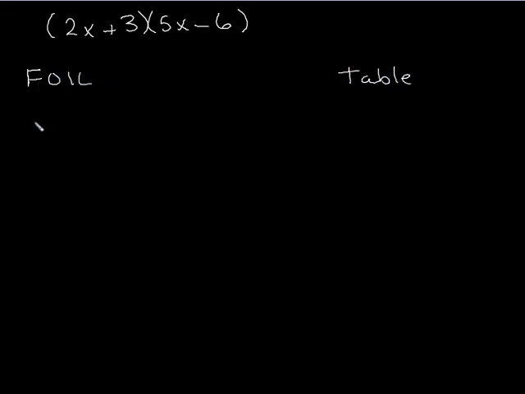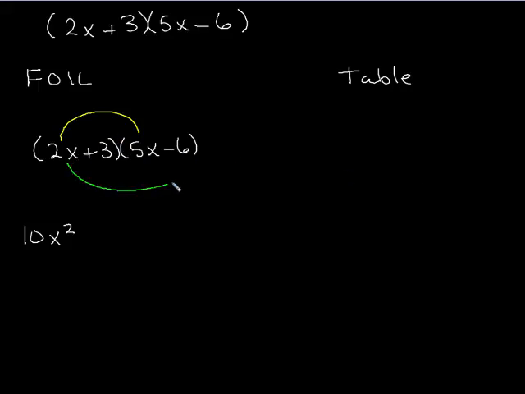So we're going to find a simple polynomial product. We'll do binomials, 2x plus 3 times 5x minus 6. Okay, and we're going to use both the FOIL method and the table method. Now the FOIL method uses the first, outside, inside, last. So first is 2x times 5x, which gives me 10x squared.